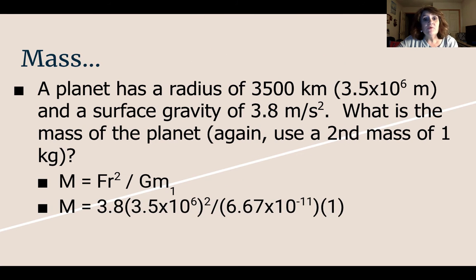This would be 3.8, that's the force, times the radius squared, 3.5 times 10 to the 6th squared, divided by big G, 6.67 times 10 to the negative 11th, times 1, giving you a mass of the second object as 6.98 times 10 to the 23rd.